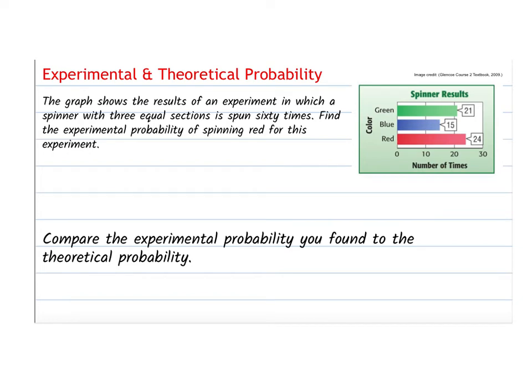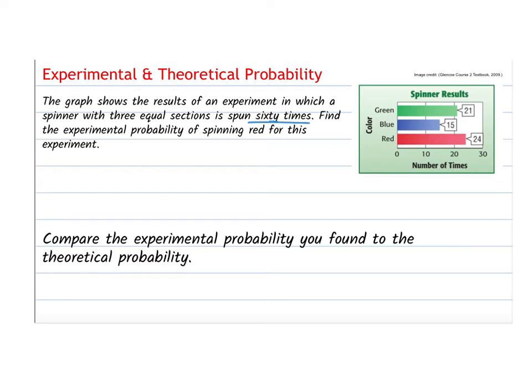All right, next part here, the graph shows the results of an experiment in which a spinner with 3 equal sections is spun 60 times. Find the experimental probability of spinning red for this experiment. Okay, so if we look at it, we can see the 3 different colors and how many spins per color.